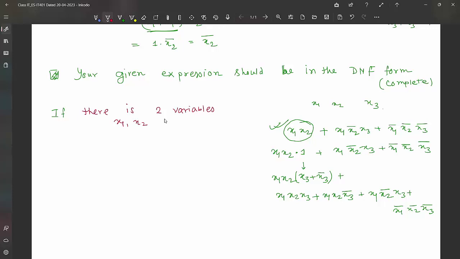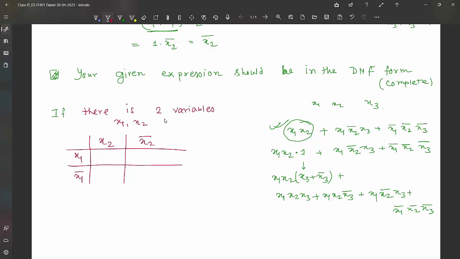Then your table should be in this form: here you will get x2, x1, here x1 bar, and here x1, x2, and here x2 bar. So this is your table for the 2 variables.